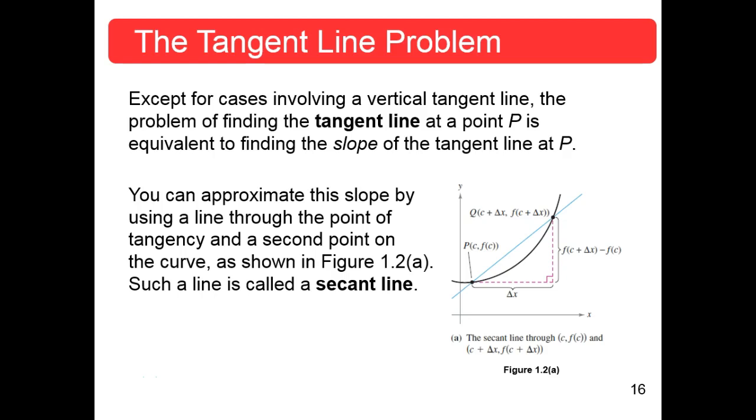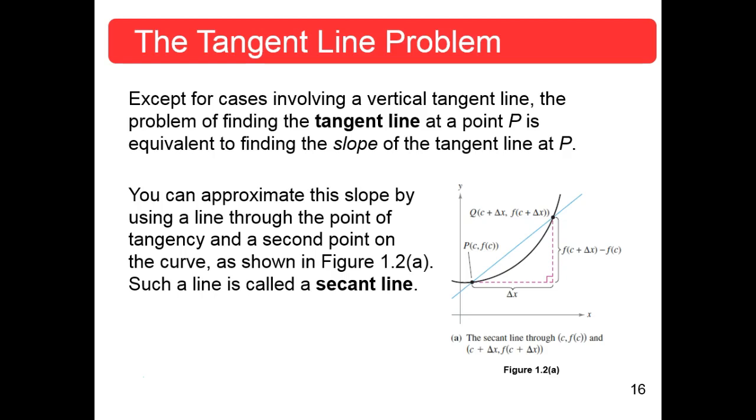Let's say this is that same curve. Except for cases involving a vertical tangent line, which is not going to happen, because a vertical tangent line would indicate that the delta x is 0. You can't do that. So you never can do the slope of a vertical line.